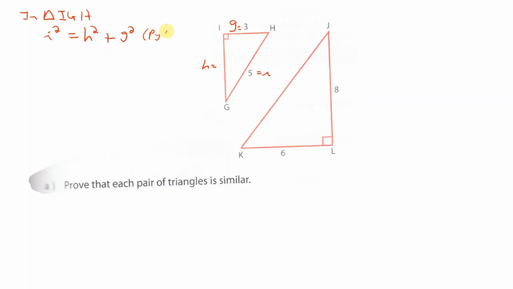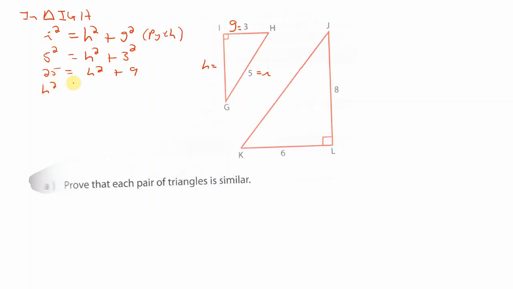This is according to Pythagoras, which says take the square of the longer side, that must equal the sum of the squares of the 2 shorter sides. Now we know i is 5, so we can substitute. So 5 squared equals h squared, which we keep as is, plus g squared, and we know g is equal to 3. So therefore 25 equals h squared plus 9.